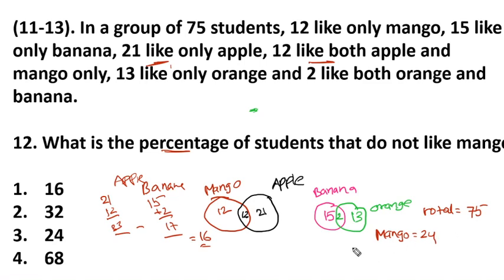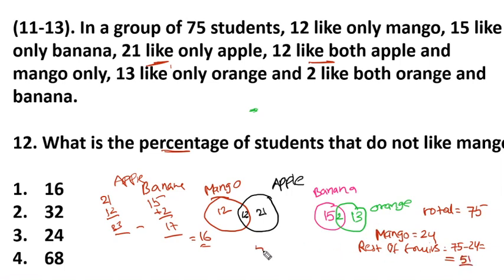The people who are liking rest of fruits are 75 minus 24. 75 minus 24, the answer is 49. Okay, 49? No. 41? No. How much is it? 75, 24. Let me erase this. 51. 51 people are not liking mango.